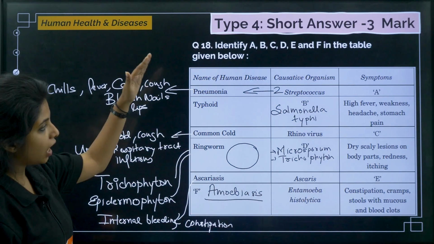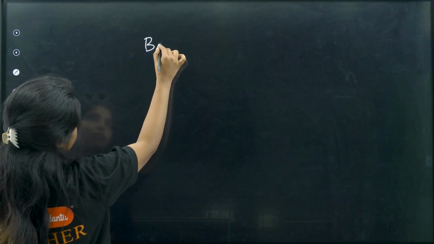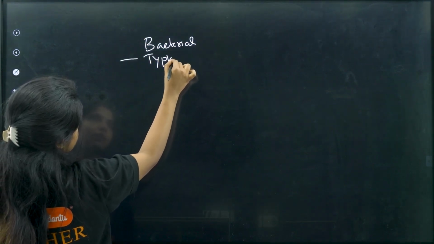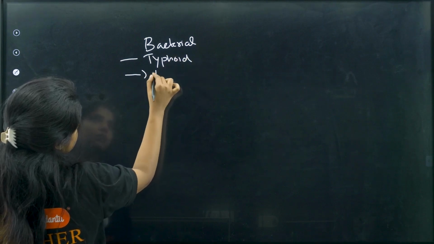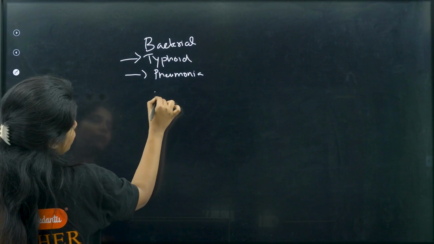Okay, so you have to remember the names, and if you want, I can make it a bit easy for you. You can take a screenshot. You have bacterial diseases, two. One is typhoid and the other one is pneumonia. Then you have viral disease.